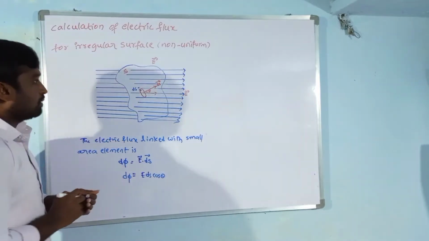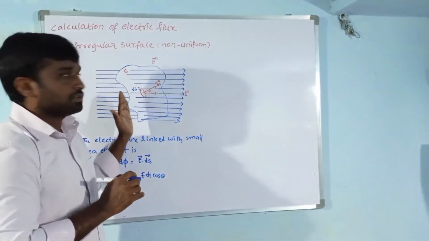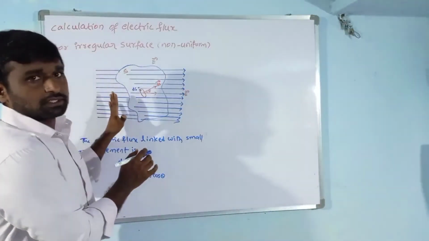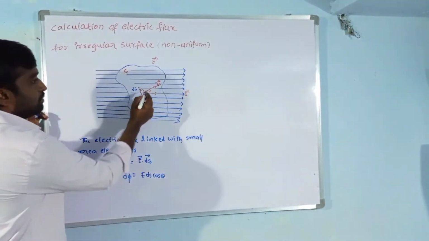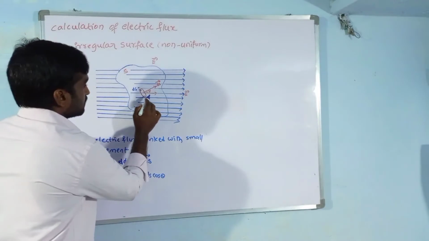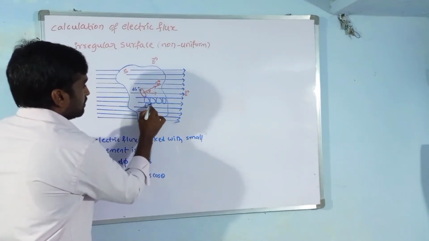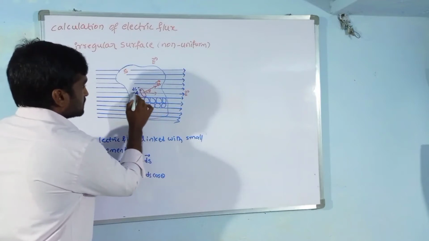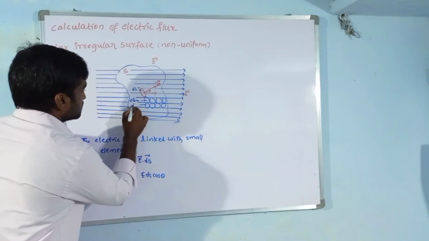Now, if we want the electric flux linked with the total surface, it contains a number of small area elements like this. Suppose this is d phi 1, this is d phi 2, this is d phi 3.